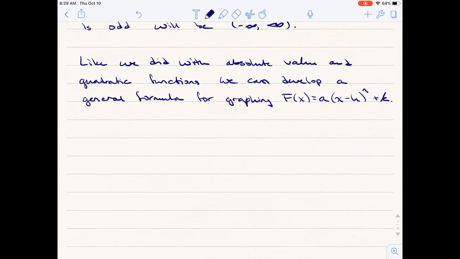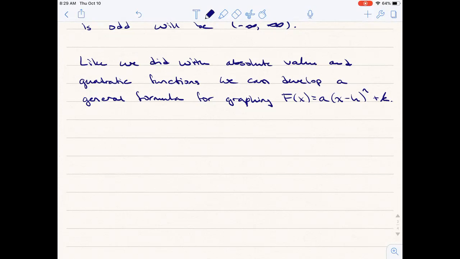But anyways, we'll go through the steps, because what we're going to do is, if you want to graph something like 3 times x minus 2 to the power of 4 plus 1, we just start with x to the power of 4. We know what that looks like, and then we'll gradually build out to this.